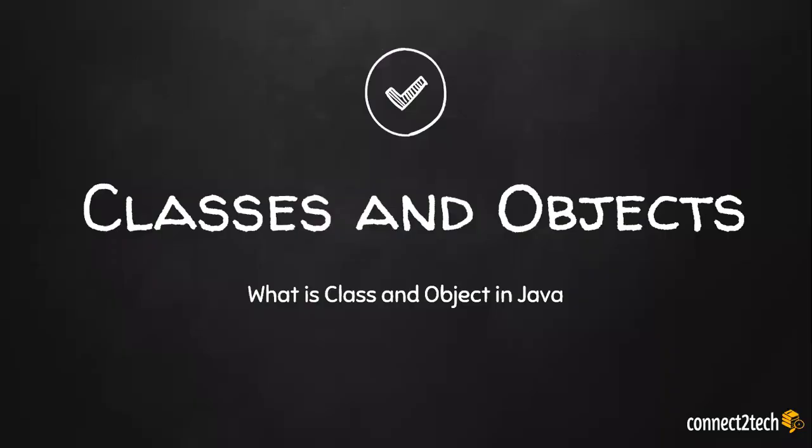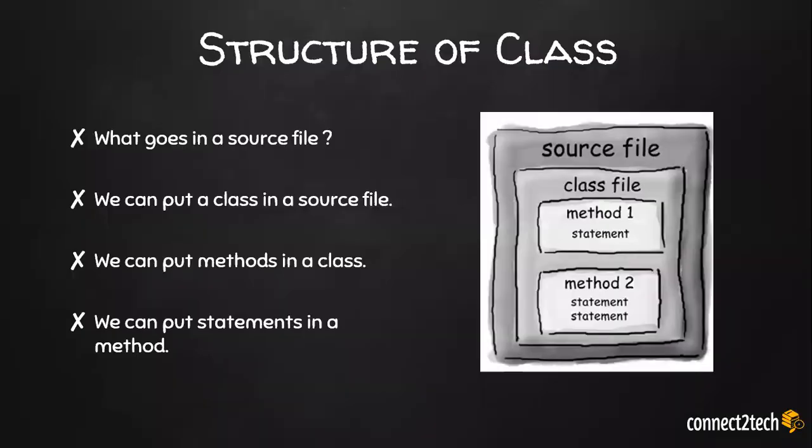So let us get started with classes and objects in Java. Now this is a very important part of object-oriented programming in Java. In order to understand classes and objects, let us look at the structure of a class.